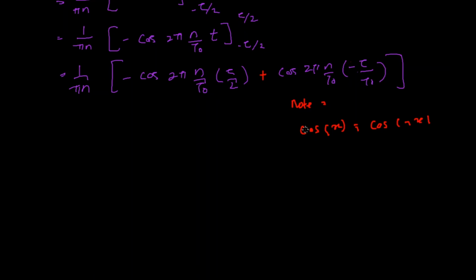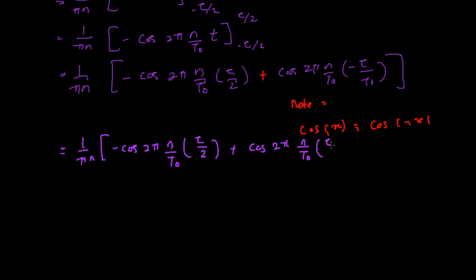So I can just rewrite this for you: 1 over pi n, cos 2 pi n over t0 times tau over 2, plus the same thing, cos 2 pi n over t0 times tau over 2, where I remove this negative.